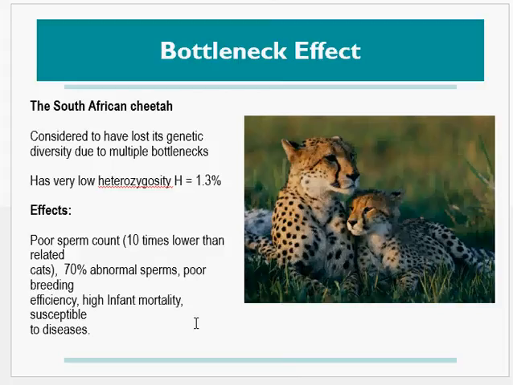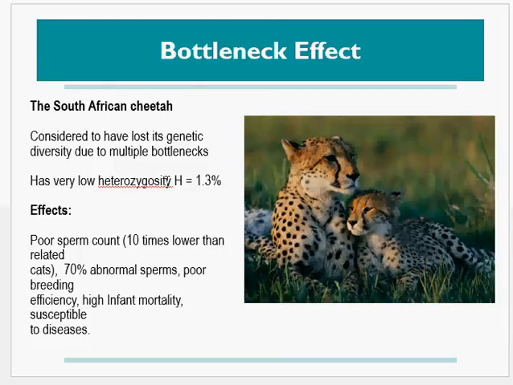So South African cheetahs are a good example of very low heterozygosity within their populations due to a bottleneck effect, and the effects can readily be seen in the cheetah populations.